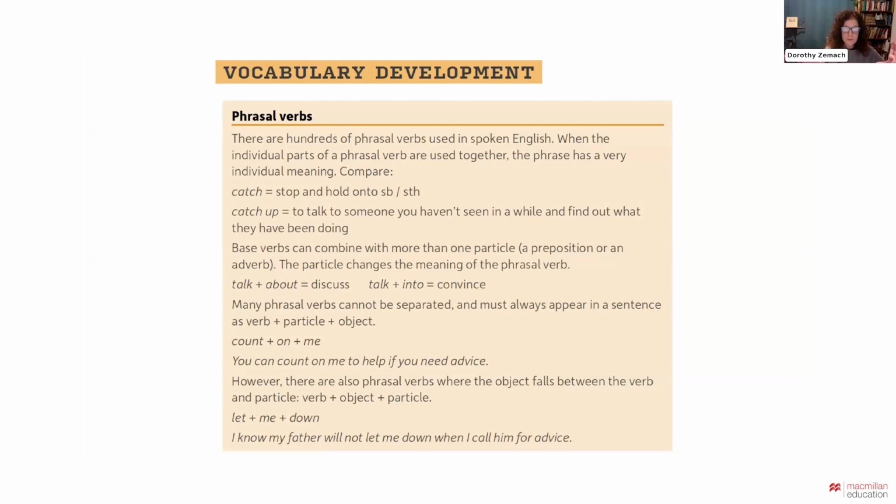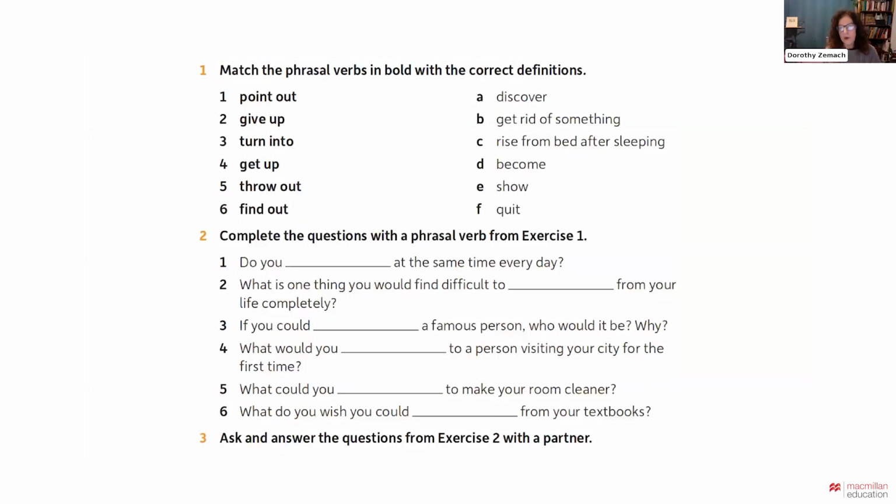So we have a presentation where we talk about the difference between a base verb catch and a phrasal verb catch up. And what I think of are pretty easy exercises, a matching that's pretty controlled. So they reinforce the meaning. Then, a kind of controlled practice, working down to a freer practice at the bottom, ask and answer questions from exercise 2. So they're speaking it and they're hearing it.